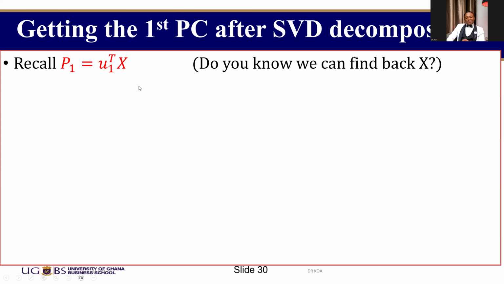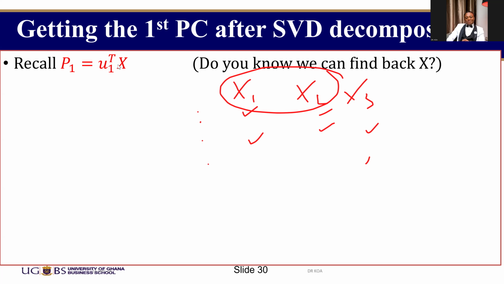How do you do that? We are going to generate our first principal component. Remember that the first principal component, P1, is the weight multiplied by the original variables, X. So if you have your X1 variable here, X2 variable here, X3 variable here, and the observations there, each with numbers, and we decide that based on our principal component we can combine these first two variables, then principal component 1 is going to have these eigenvectors, the U, multiplying the original variables.